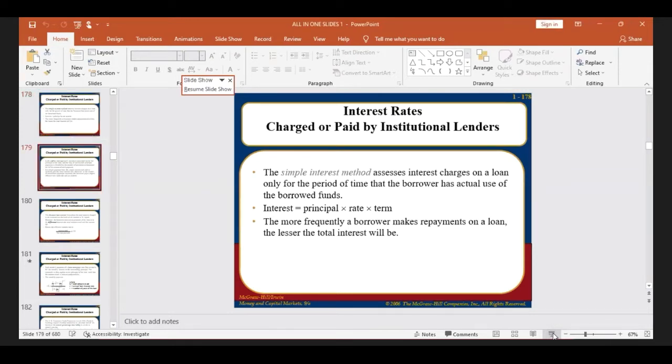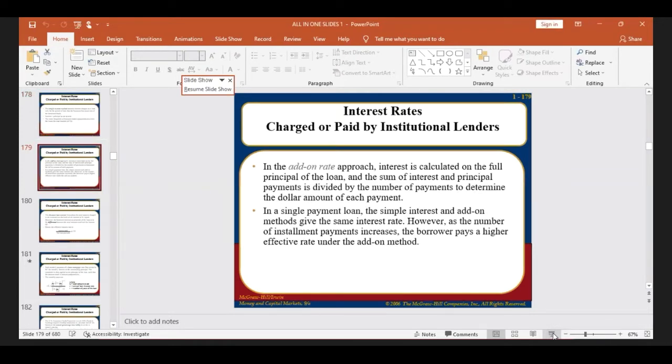We need to observe their coupon rate and their yield to maturity. So if the coupon rate and the yield to maturity are the same, we say that the bond is a par bond. If the coupon rate is higher than the yield to maturity, the bond will sell at a premium. And if the coupon rate is lower than the yield to maturity, the bond will sell at a discount.